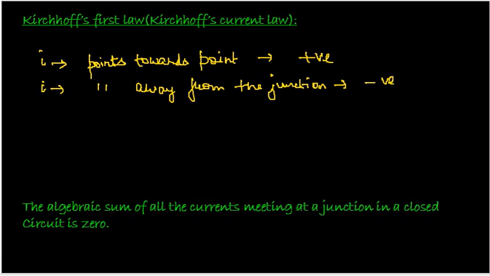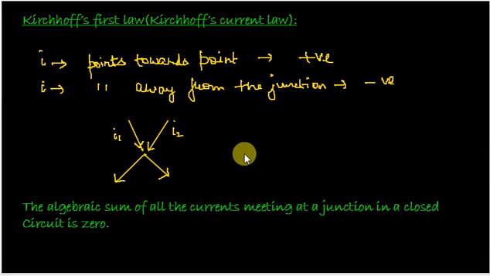So if this is a circuit, and here is another junction, with currents entering the junction and two going out, and I mark this I1, this I2, they are positive because they are pointing towards the junction, and these two are pointing away from the junction.